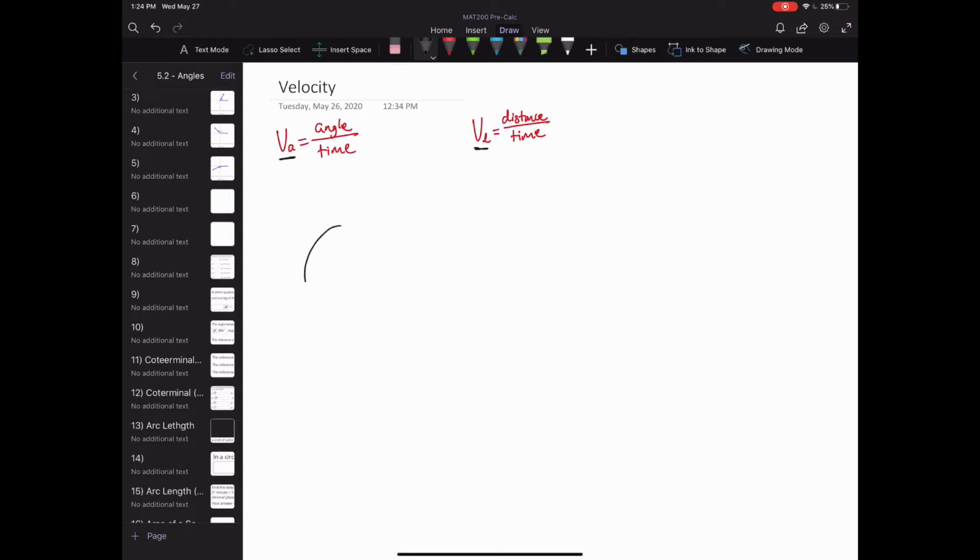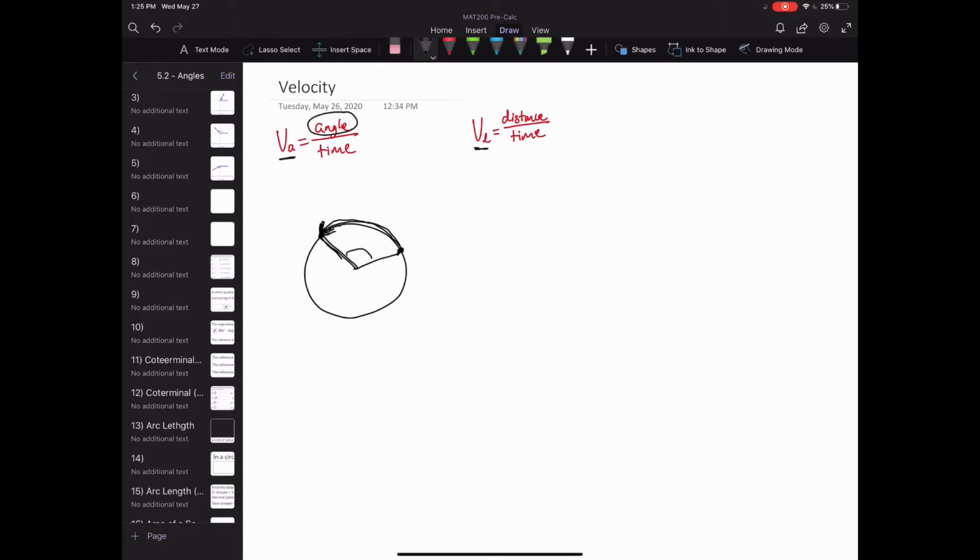Now for angular velocity, let's say this is your circle, because you need to think about it in a circular form. And let's just say you have an object here and it's moving along the circle. Let's say you know up until a certain point some type of information. In this case, let's think about the angle.